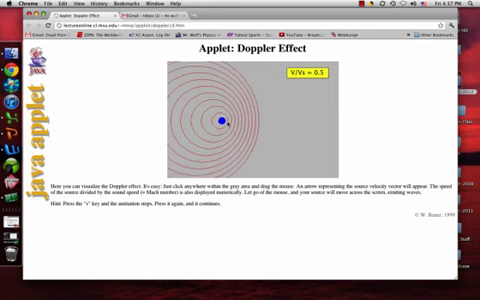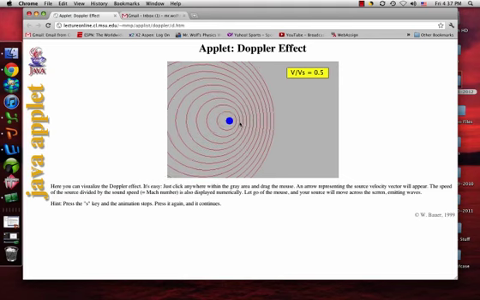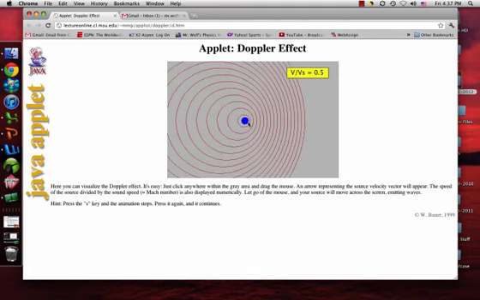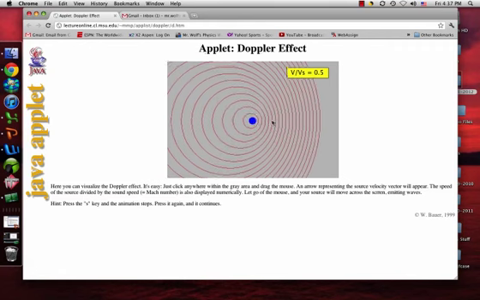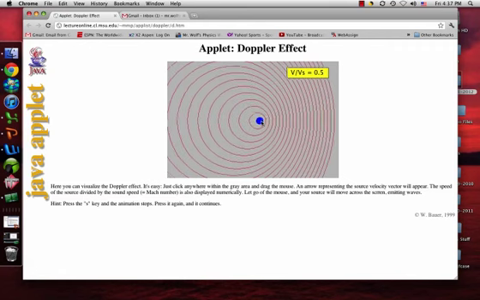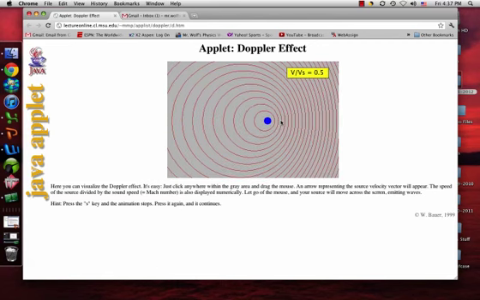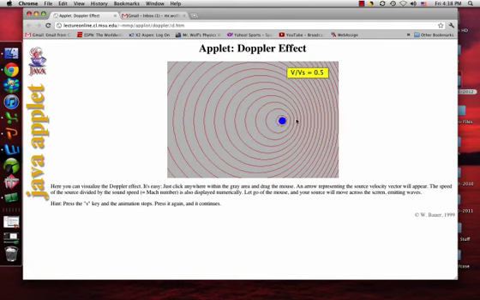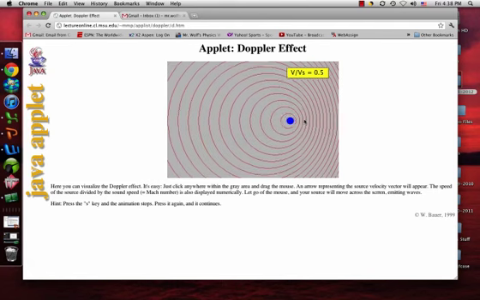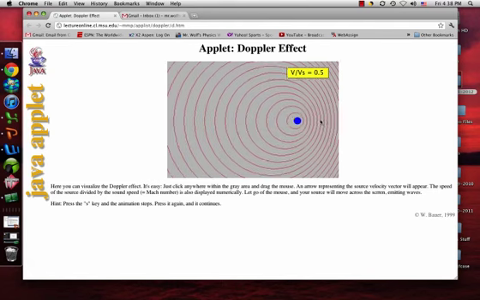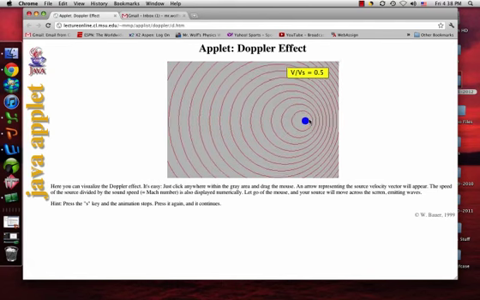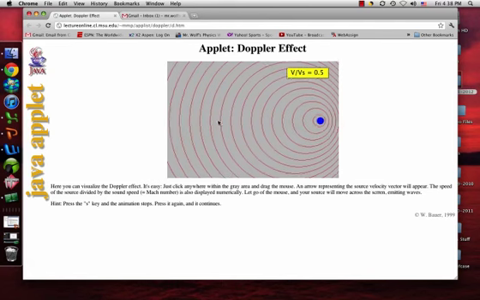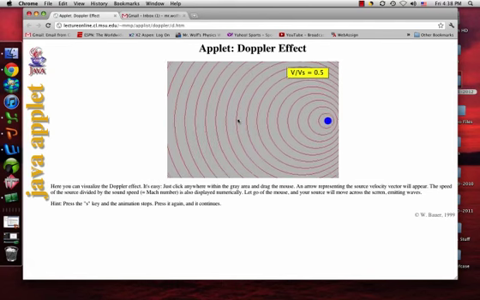The wavelength right there is smaller because the source is moving and emitting the sound. Once it emits the sound, it moves forward a little bit, gets closer, and then emits another crest right there. So we have all these different crests moving along here. Here the wavelength is smaller, so that means an increase in frequency in front of it. And back here we have a bigger wavelength, and so there's a decrease in frequency.